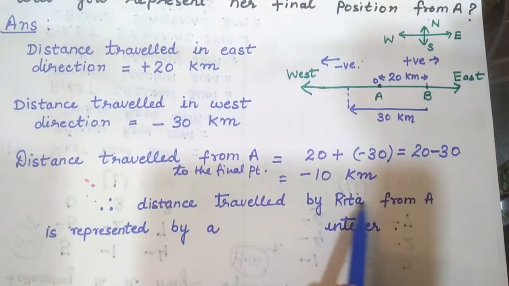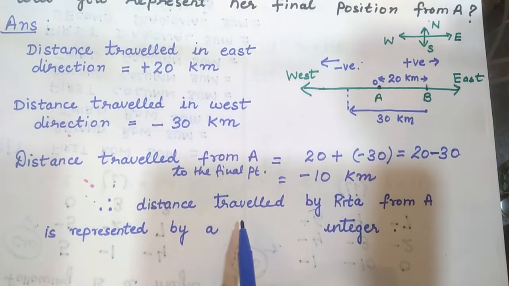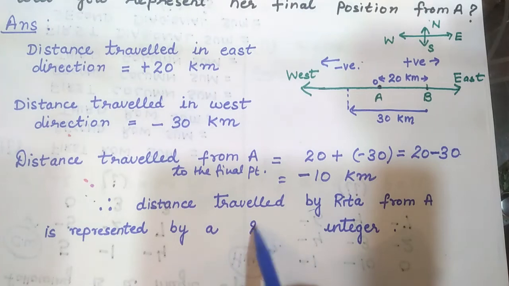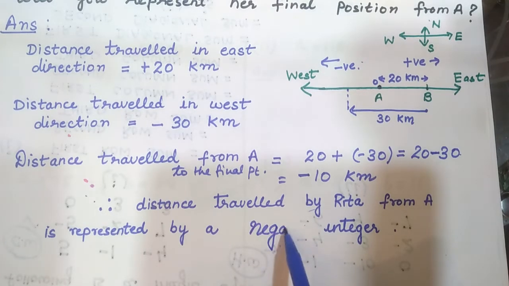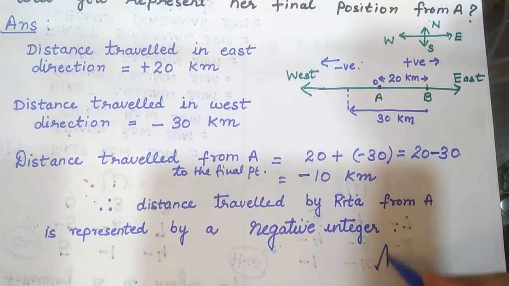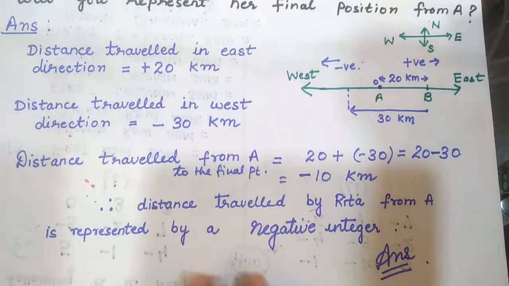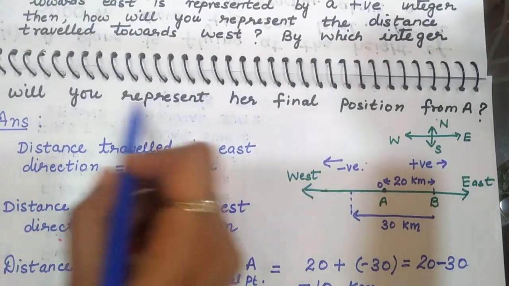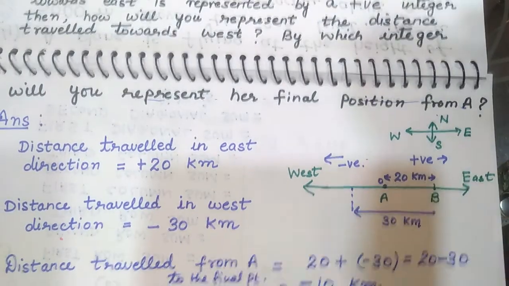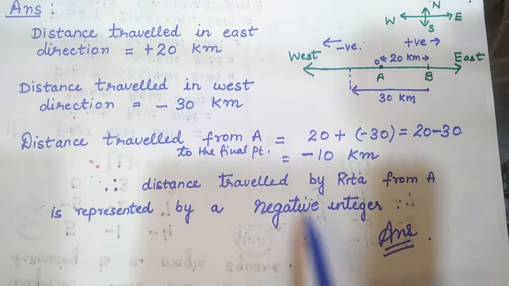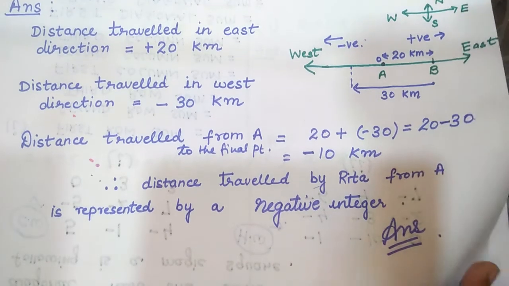Therefore her final position from A is represented by a negative integer, and this is your answer.